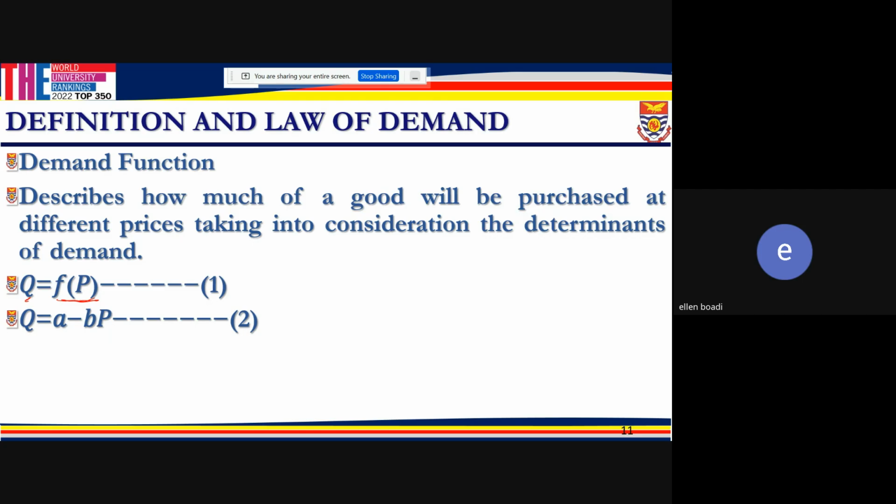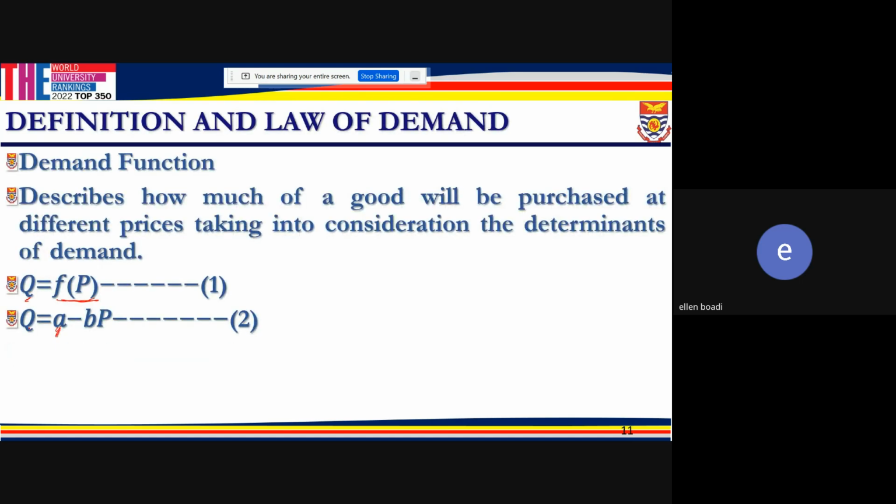Per our discussions last week, what name do we give to A? The two variables that we are dealing with are quantity and price. Quantity is our dependent variable.